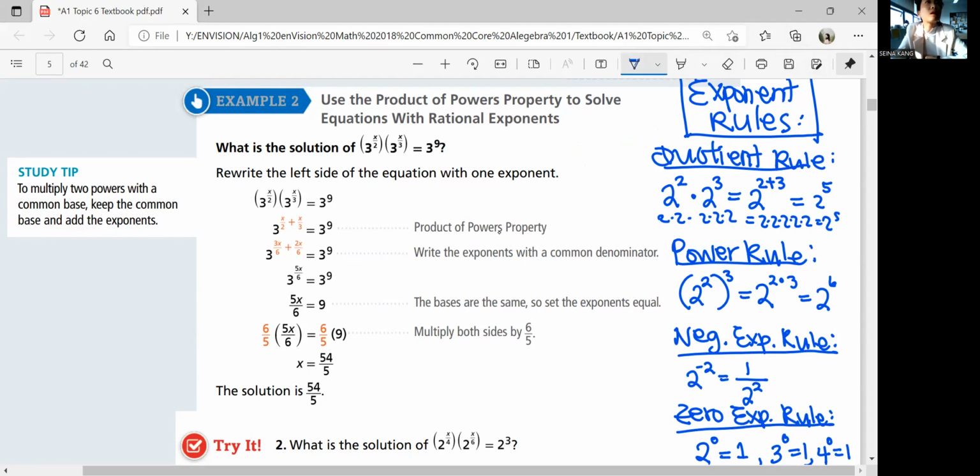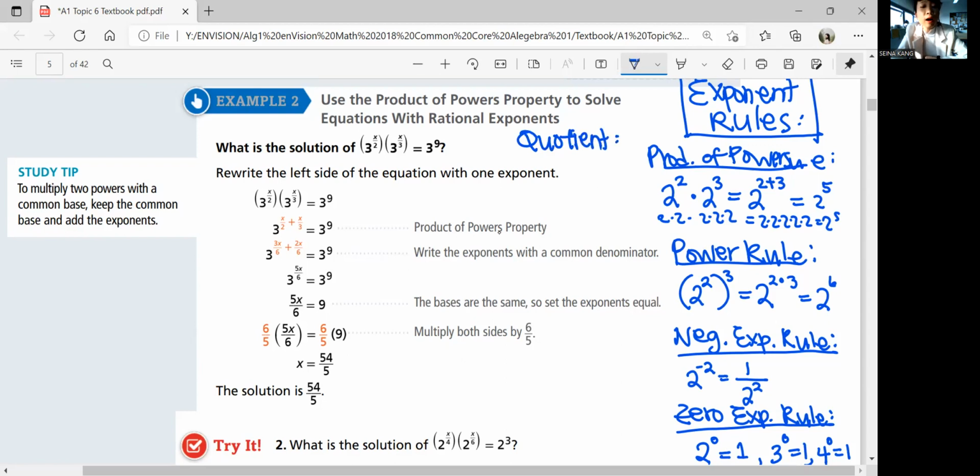Oh wait, that's not quotient. This is the product of powers rule, and then the quotient is the different one. I'm sorry.